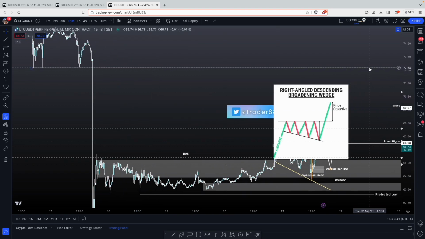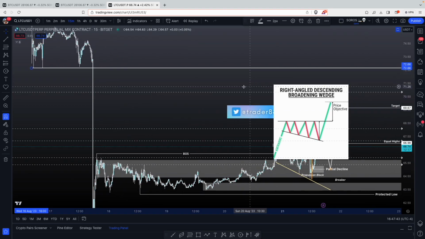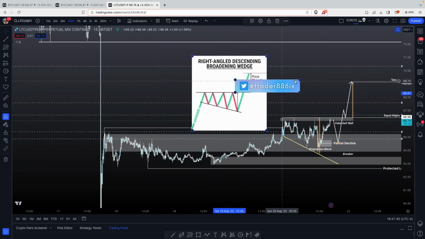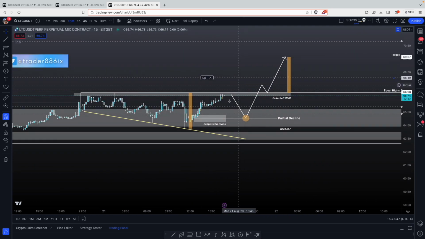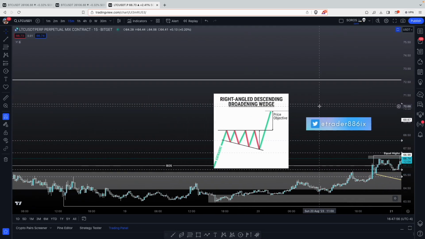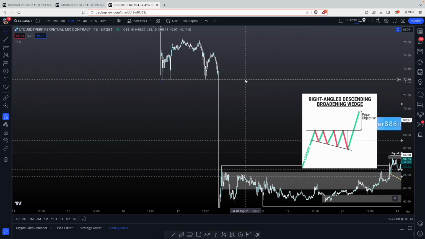So this would be the main target I'm chasing, 72.68. But in the immediate term, this is a good take profit area. Add back, buy back here on the retest, take some more profit here, and then just keep compounding on the move into structure over there.